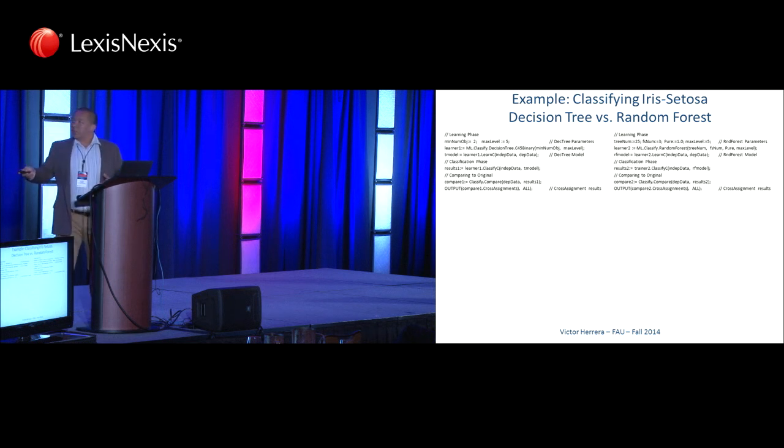They are almost the same. The only difference between these 2 is at the beginning, when you are defining which classifier you're going to use, the input of the parameters. After that, it is the same path. You learn from the data, you get a model, and then you use this model to classify new data, and then you evaluate your performance.